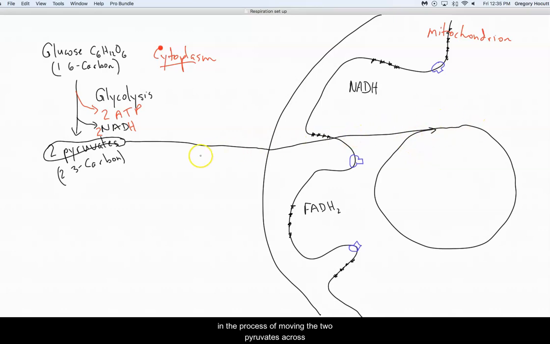So in the process of moving the 2 pyruvates across to that cycle, you lose 2 CO2s. So 2 of the 6 carbons you started with are gone as CO2.